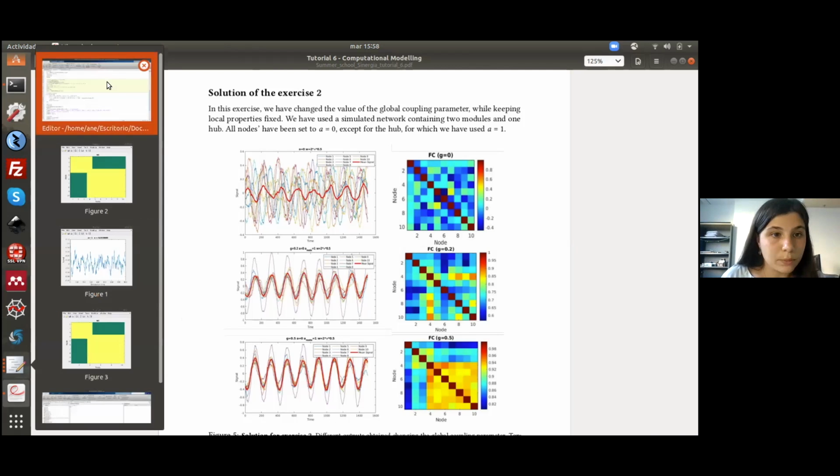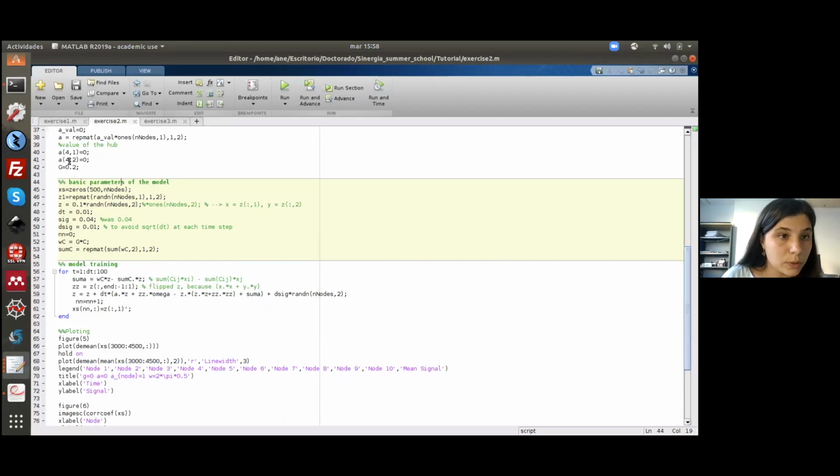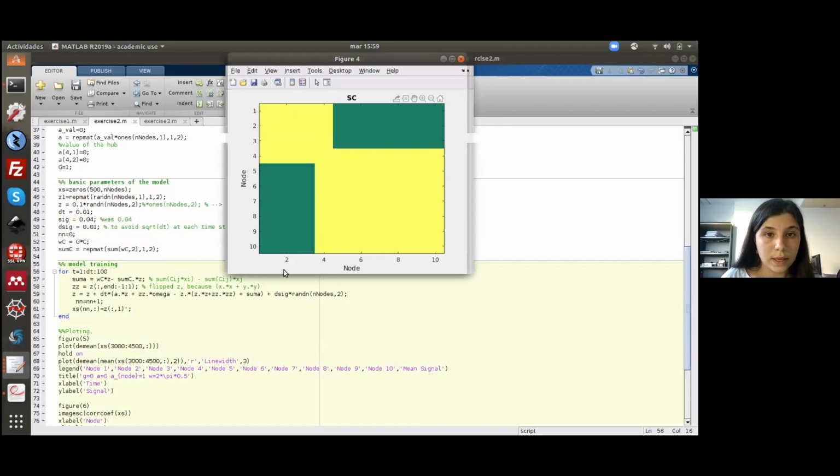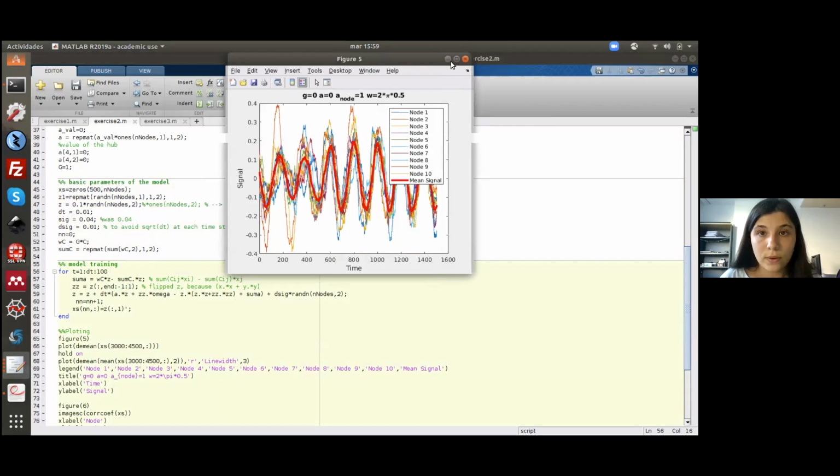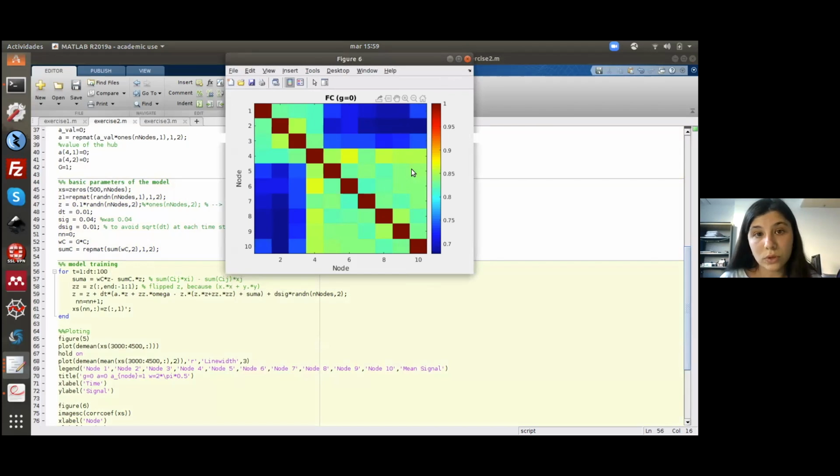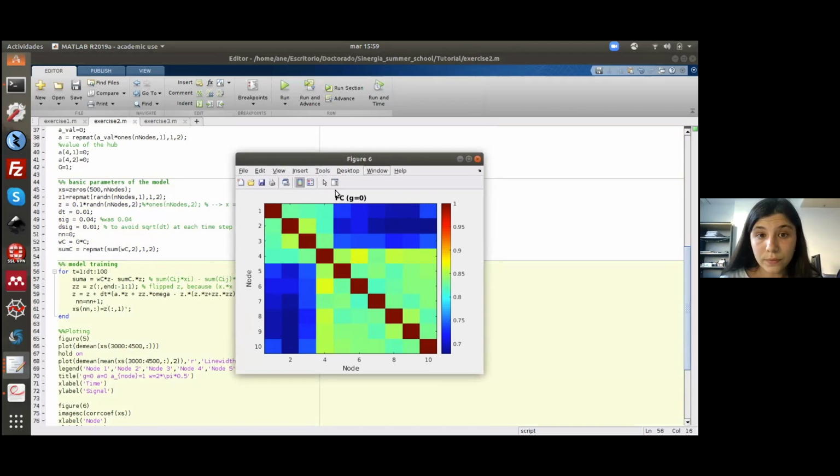And in an extreme case, where we have a very high global coupling, what you can see is very clear that we have two modules that work compactly.